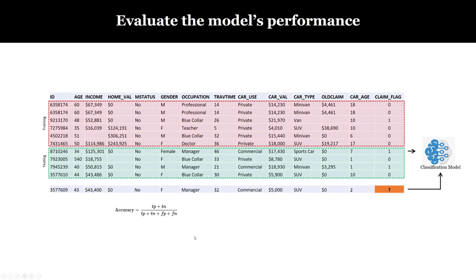What are true positive, true negative, false positive, and false negative? Let's see. Let's assume that you have 100 samples, and this is the actual class. So your model predicted these classes this way.